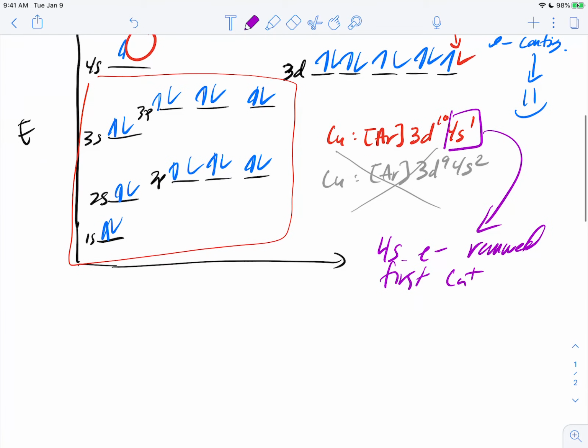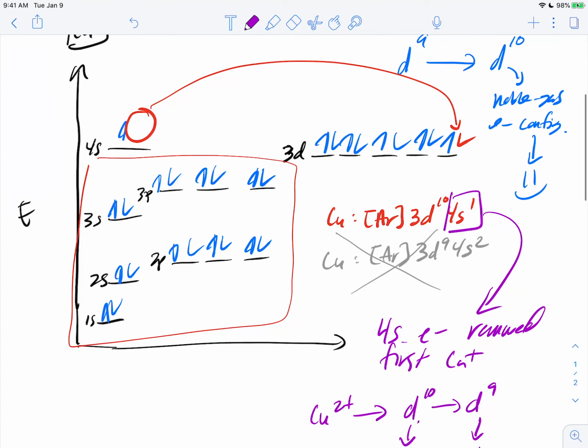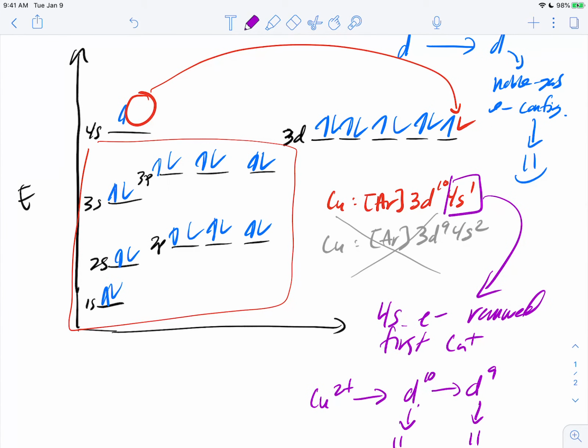To make copper 2+, we would go from a d10 configuration to a d9 configuration, and so it's destabilizing. Where d10 is a noble gas configuration, we have filled up all our d orbitals. Well, it's not an octet, but we filled our d orbitals.